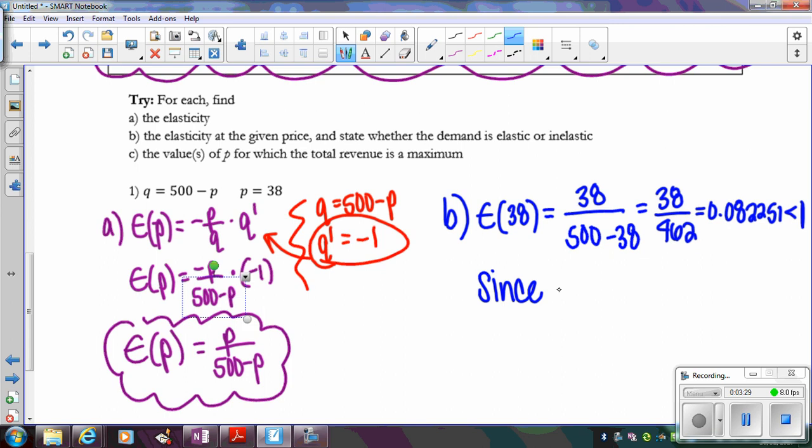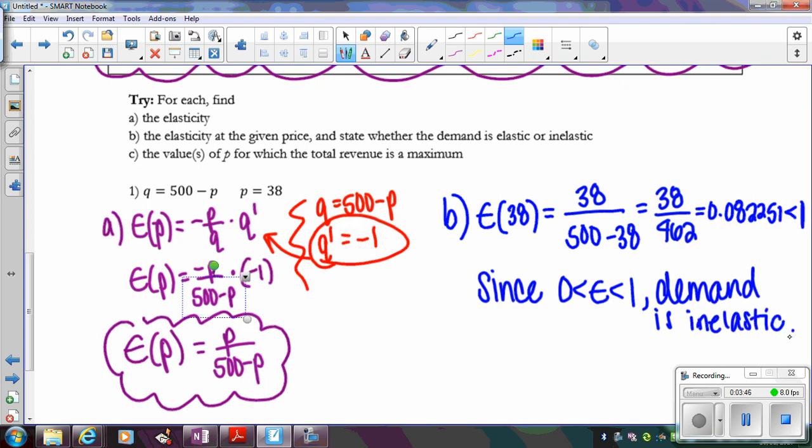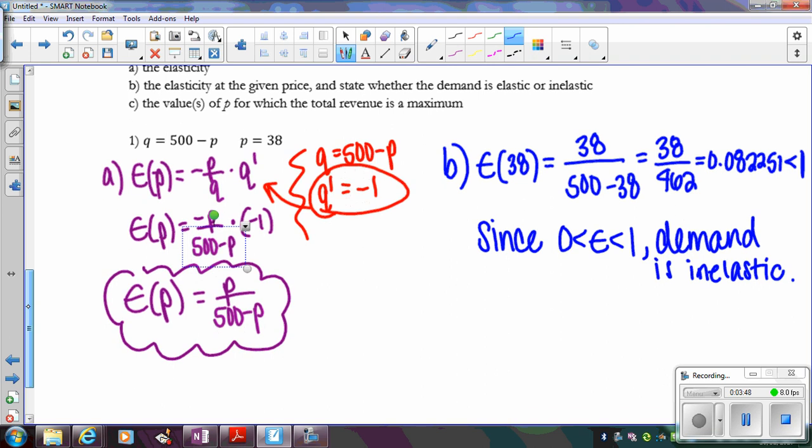Since my epsilon value here is in between 0 and 1, that means the demand is inelastic. And remember, the way that I thought of that is it's not elastic because it's a really small number, so it's not stretching much.